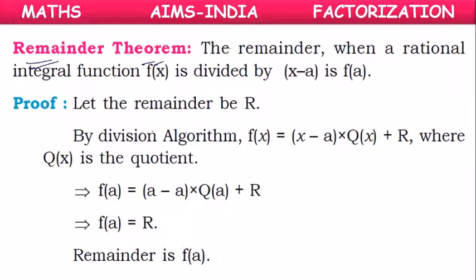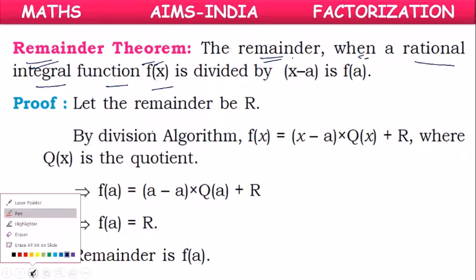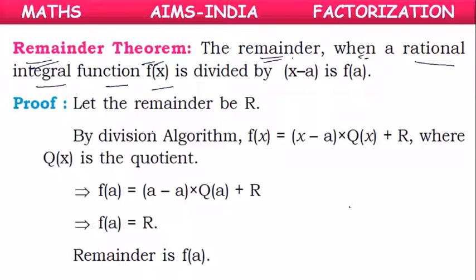So here, the remainder when a rational integral function f of x. Here we have a function f of x. Function means no need to get confused, children. It is just an equation, like 3x square plus 4x plus 5.